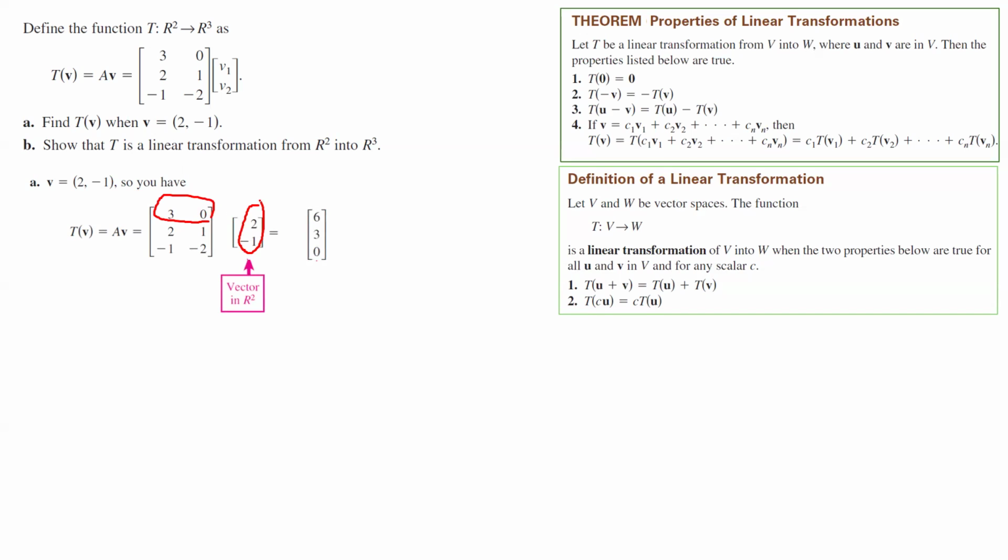This becomes 3 times 2 plus 0, which is 6, then 2 times 2 minus 1, which is 3, and then you have -2 plus 2, which is 0. As you can see, the input is a vector in the plane, and the result is a vector in space.